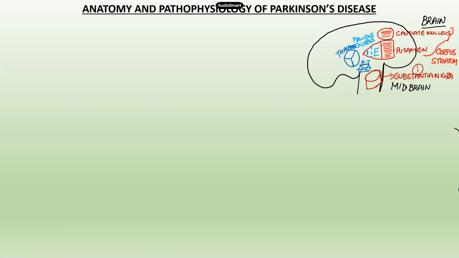Now, the corpus striatum, the substantia nigra, the subthalamus, thalamus, and the globus pallidus are a single entity, and therefore they are referred to as your basal ganglia. Now, any pathology occurring in the basal ganglia will cause this neurodegenerative disorder, which we refer to as Parkinson's disease.